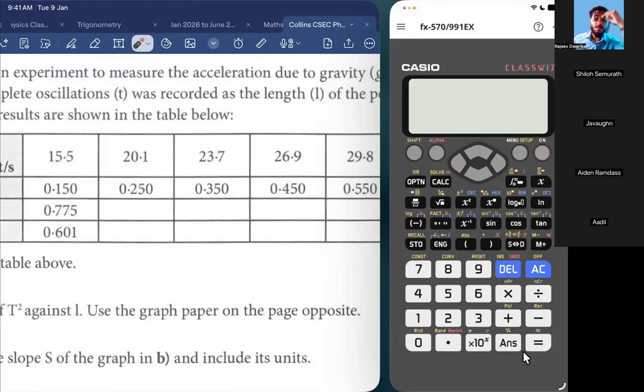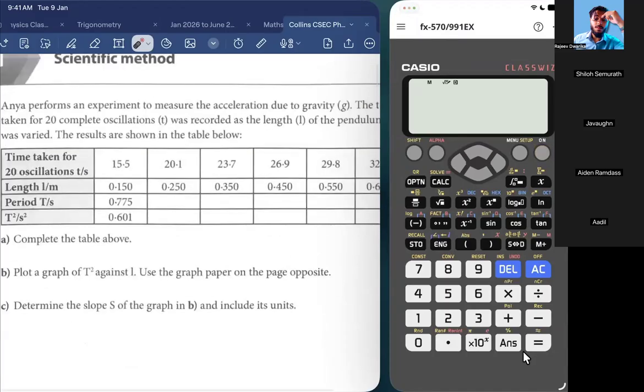Alright, cool. So we're gonna say 20.1 and we're gonna divide that by 20. Tell me, guys, 20.1 divided by 20. So 1.005.